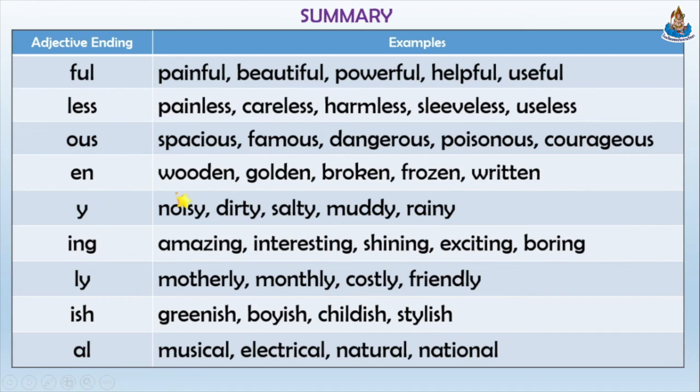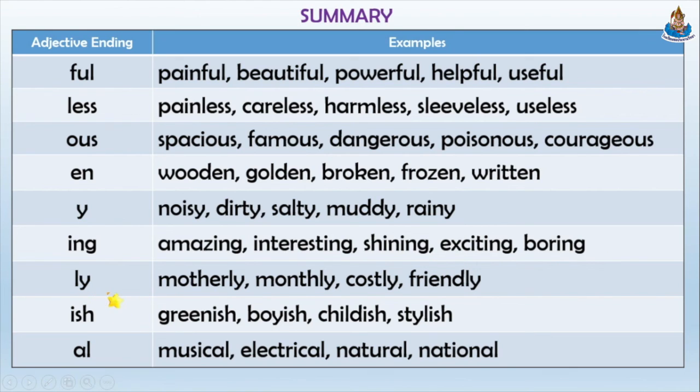En, wooden, golden, broken, frozen, written. For the suffix y, we have noisy, dirty, salty, muddy, rainy. For ing, we have the words amazing, interesting, shining, exciting, and boring.